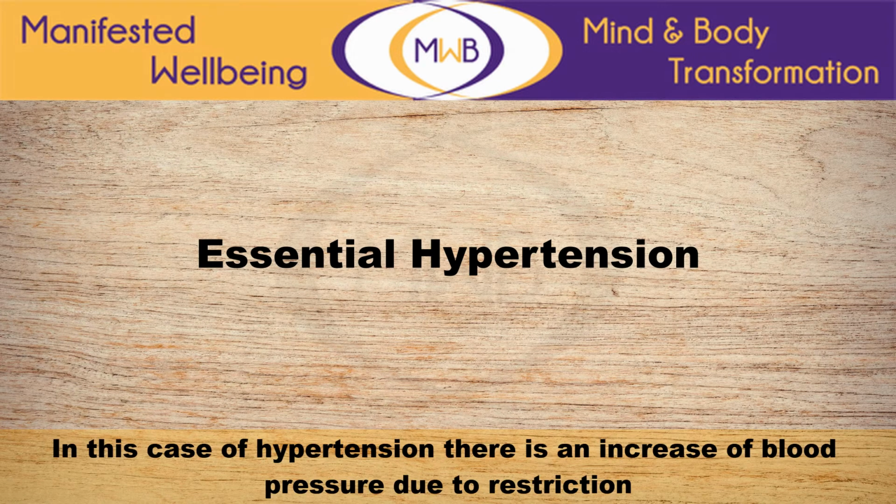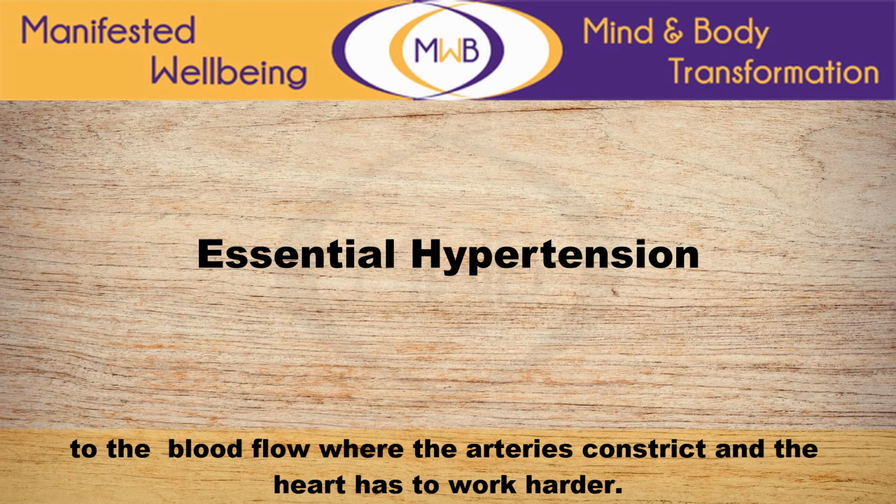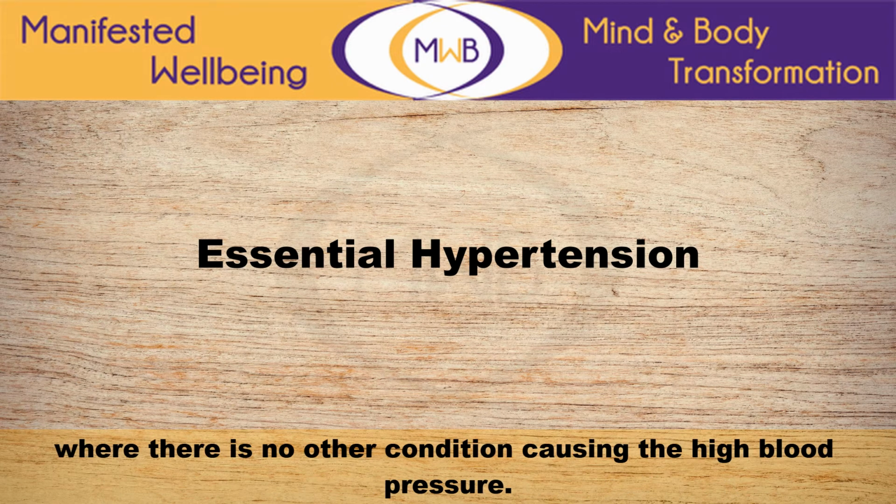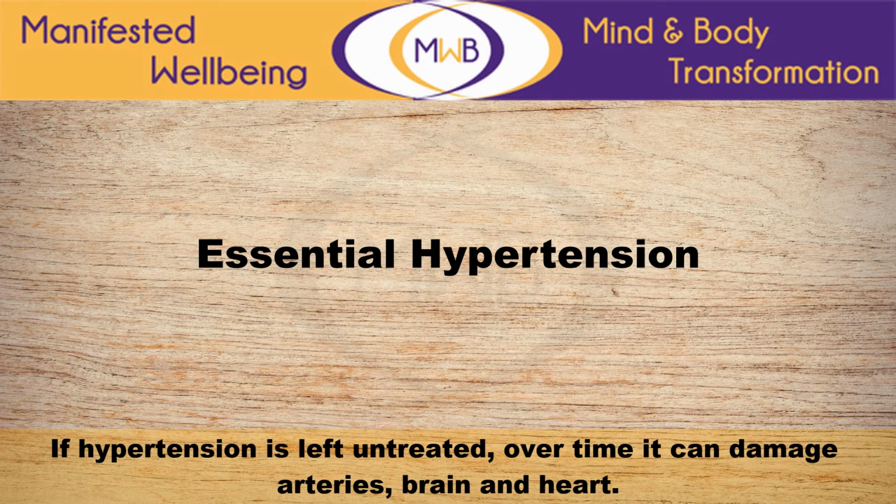In this case of hypertension, there is an increase of blood pressure due to restrictions to blood flow, where the arteries constrict and the heart has to work harder. Essential hypertension is when the blood pressure is persistently high due to a restriction of blood flow where there is no other condition causing the high blood pressure. If hypertension is left untreated, over time it can damage arteries, brain, and heart.